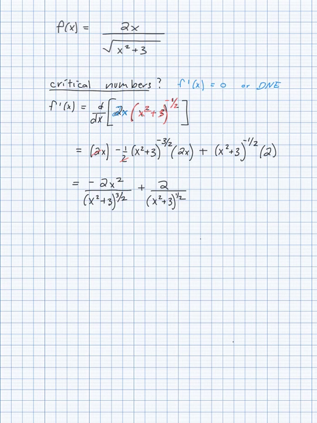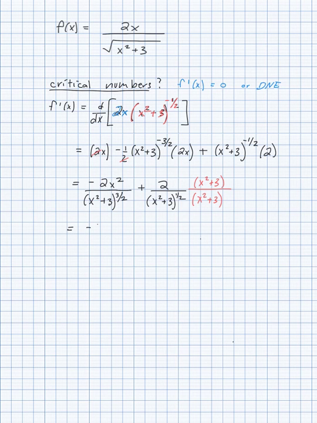Now if I want to combine these two terms, I need them to have the same denominator. So I can multiply the second term by x squared plus 3, and that'll give me x squared plus 3 raised to the 3 over 2 in the denominator, but I can't change the function. So if I essentially multiply by 1, I can just manipulate its form a little bit.